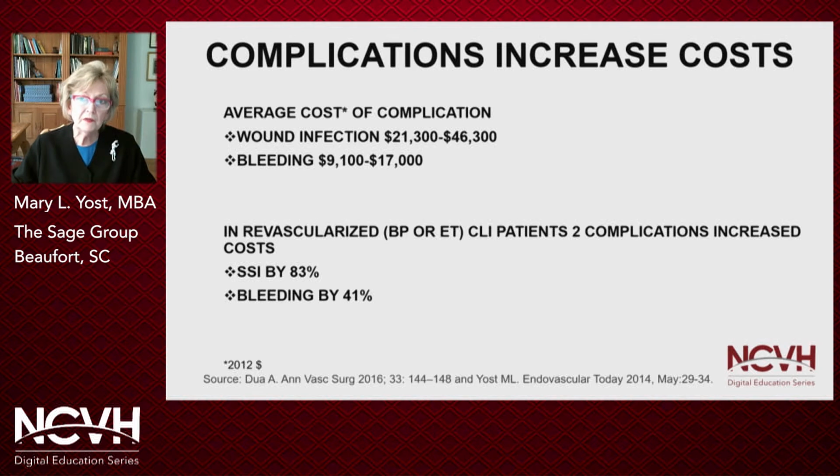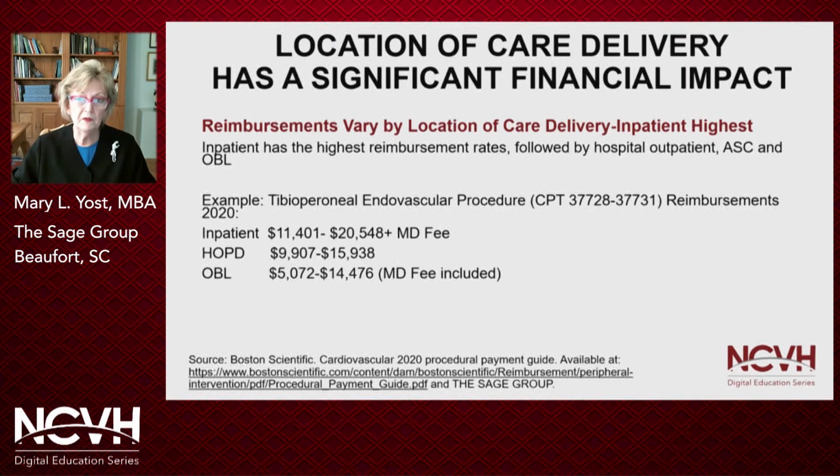Location of care delivery, also a significant financial impact. Reimbursements vary by location of care delivery. Inpatient hospital is highest, hospital outpatient, then ambulatory surgery, and lowest in OBL. So you have the same procedure in this example, tibioperoneal endovascular procedure, specific CPT code.